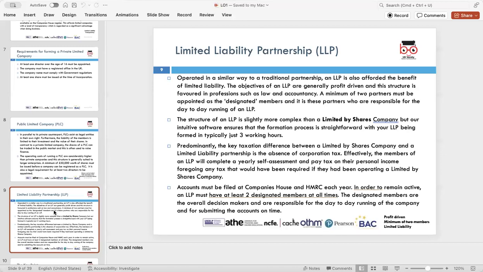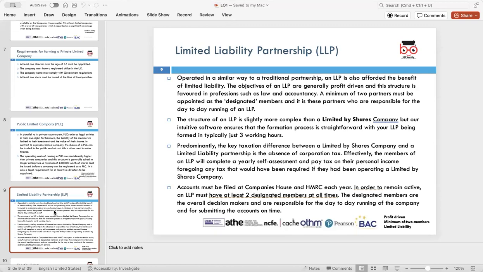As designated members of a limited liability partnership, a minimum of two partners are required to be appointed, and it is these partners that are accountable for the day-to-day operations of the corporation. Our user-friendly software ensures that the formation process is uncomplicated, with your limited liability partnership being founded in an average of only 3 working hours.